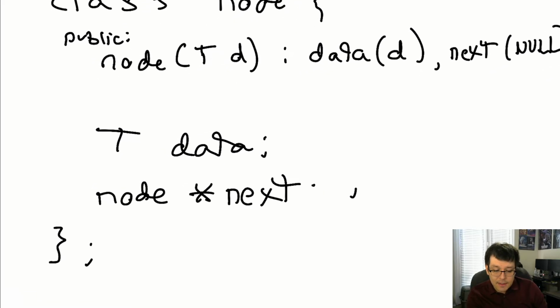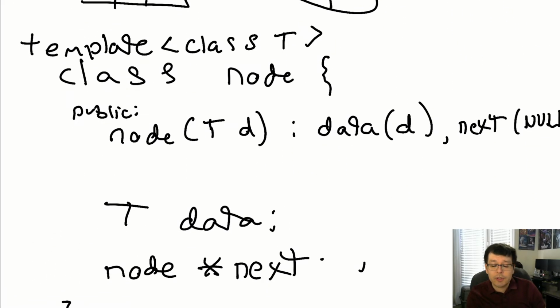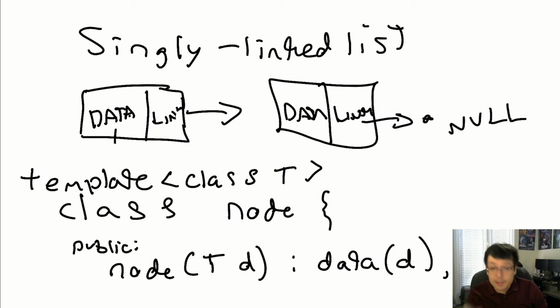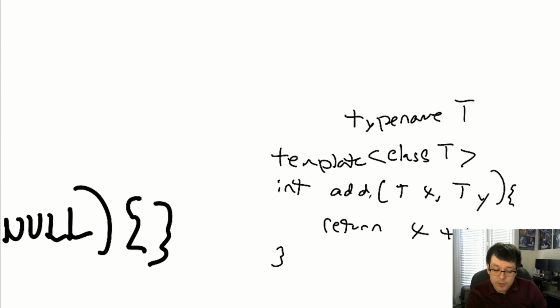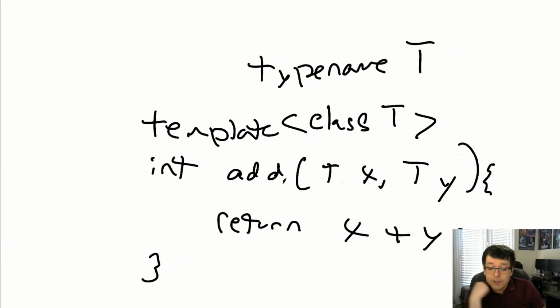In this case, because it's a template, it says T, but whatever it is you're using, you use. Nothing fancy about templates, at least in this very basic example. Just in case you don't remember how templates work, I do have this example here of a templated function. Actually, not a template function, sorry. Well, it is a templated function, but it's a function that is a member of a class.